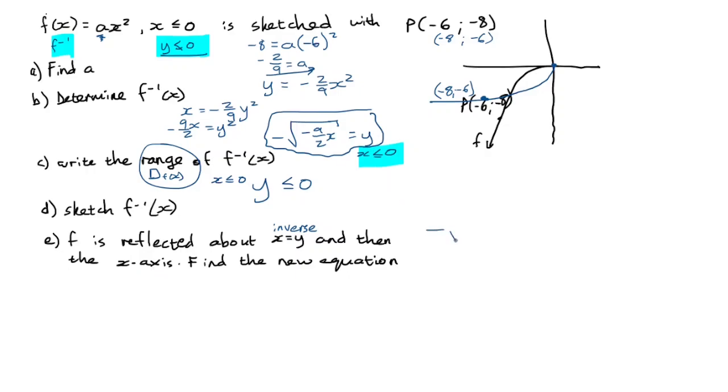So I'm going to rewrite the inverse equation, except when I reflect about the x-axis, the y just becomes negative. And so what I could do is divide both sides by a negative, and I'll end up just with something like that. But to be cautious, I would just include x must be less than or equal to 0, just to not end up with a negative inside the square root.